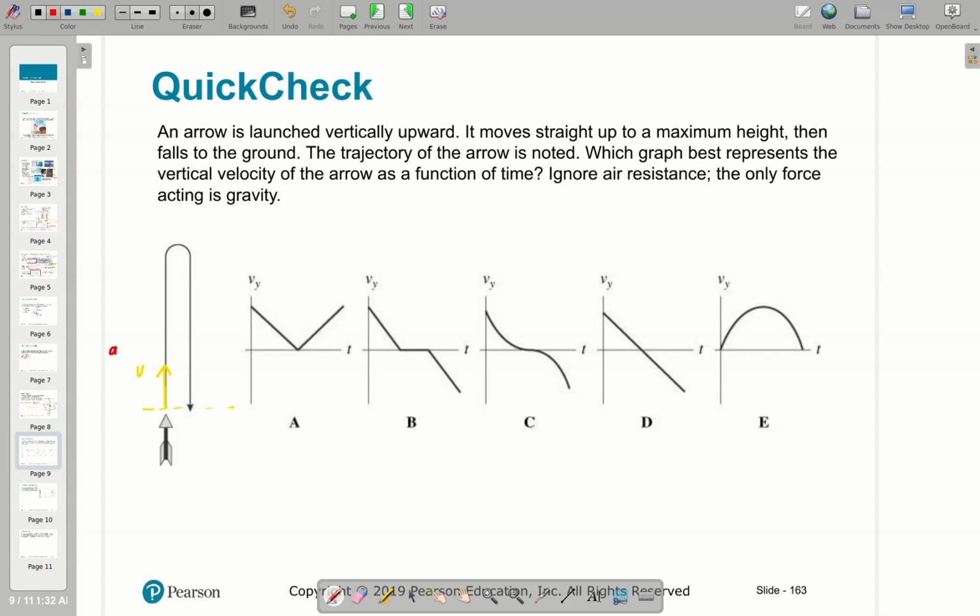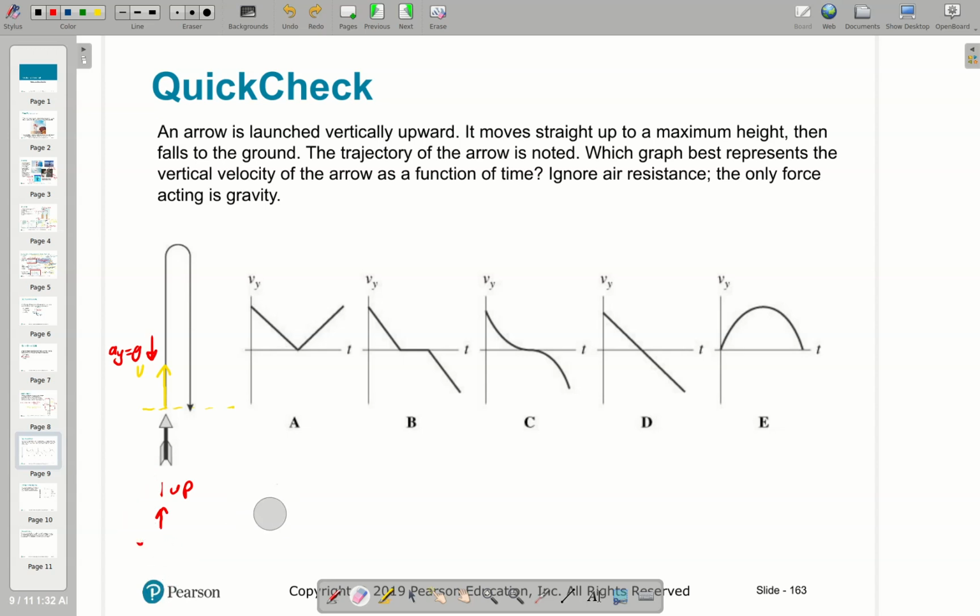Let's think a bit slower here. The acceleration is g and down. Notice the acceleration and velocity: Vy is up, ay is down. ay is down, right?